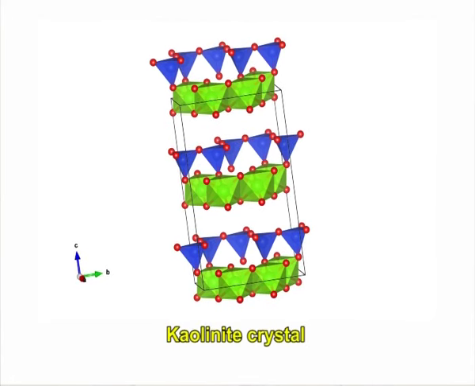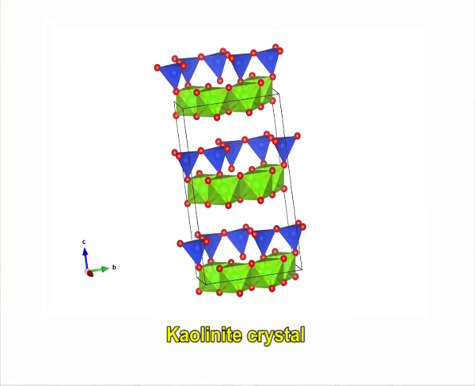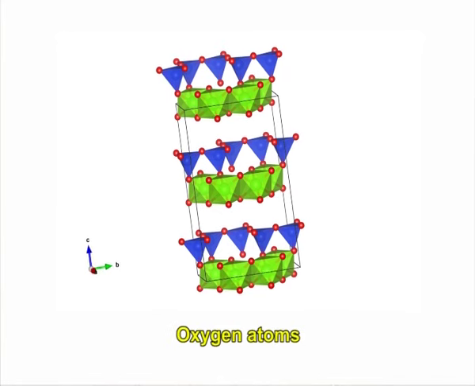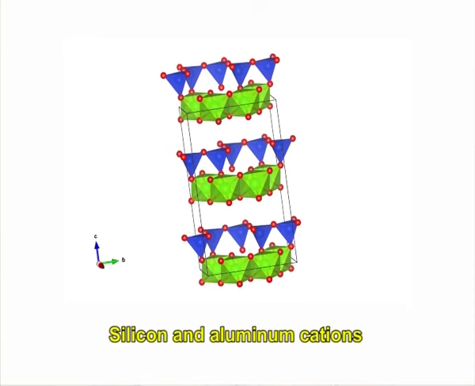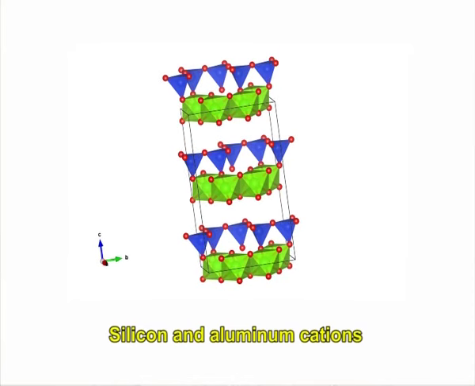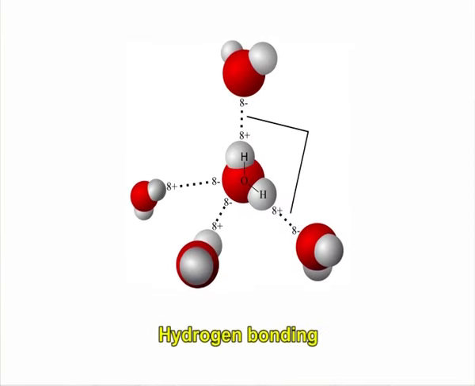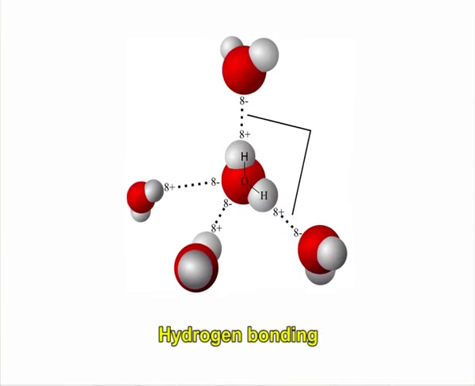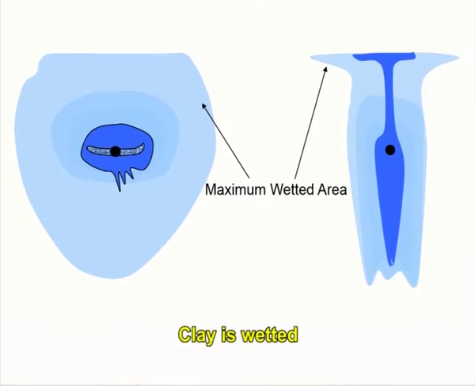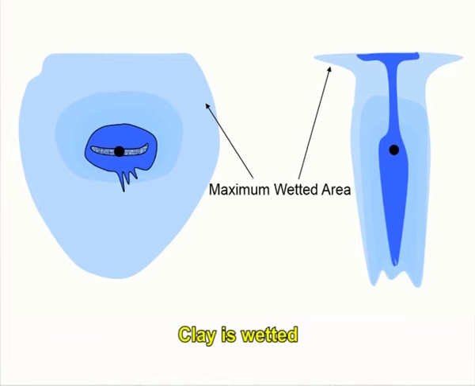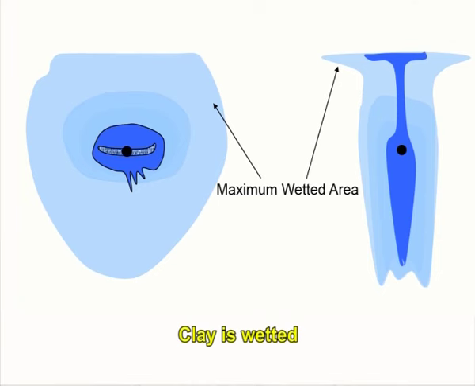The tetrahedral and octahedral sheets in a layer of kaolinite crystal are held together tightly by oxygen atoms, which are mutually shared by the silicon and aluminum cations in their respective sheets. These layers in turn are held together by hydrogen bonding. Consequently, the structure is fixed and no expansion ordinarily occurs between layers when the clay is wetted.